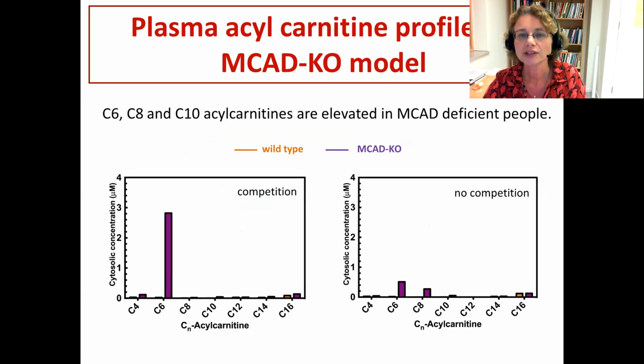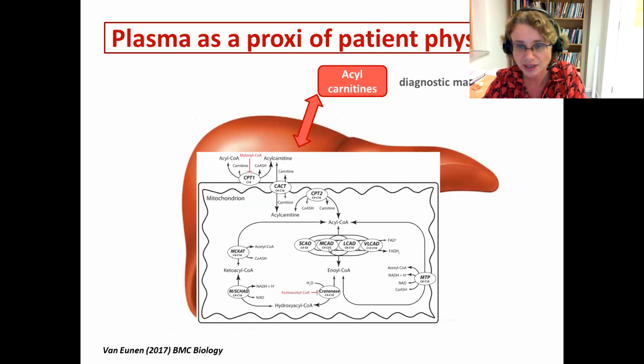We started doing this for the same disease, MCAD, but what you then see, it's a problem of the medium chain. So it is this enzyme, which is converting C4 to C12. Its best activity is for C6, C8, C10. So if this enzyme is deficient, it's no surprise that we see its substrates accumulating.